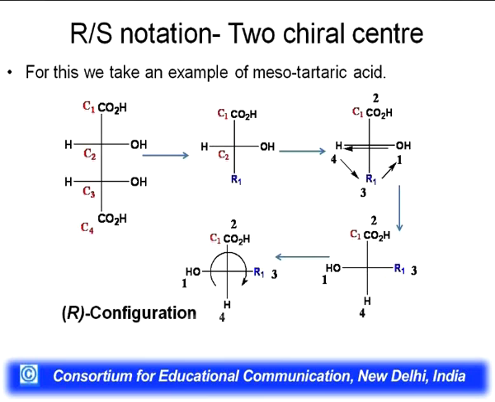In this case it is coming out to be R configuration. So that it does not become cumbersome here, I have removed C2 from these 3 objects. So, this C2, the first chiral center from the top, is having R configuration.